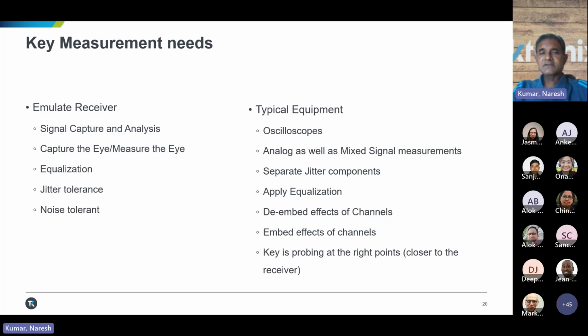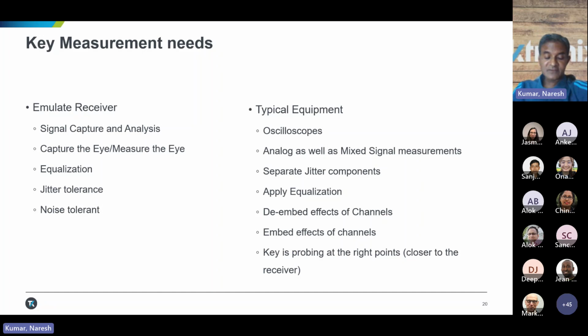The other thing on the receiver side, you saw the example of the PCI Express channel, right? So if there is a channel and the impact of the channel is such that the signal is distorted at the receiver end, you should be able to eliminate the impact of the channel. This is what we call de-embedding.